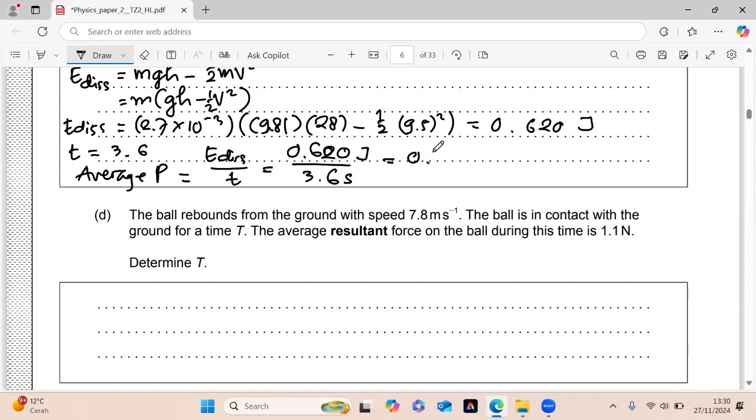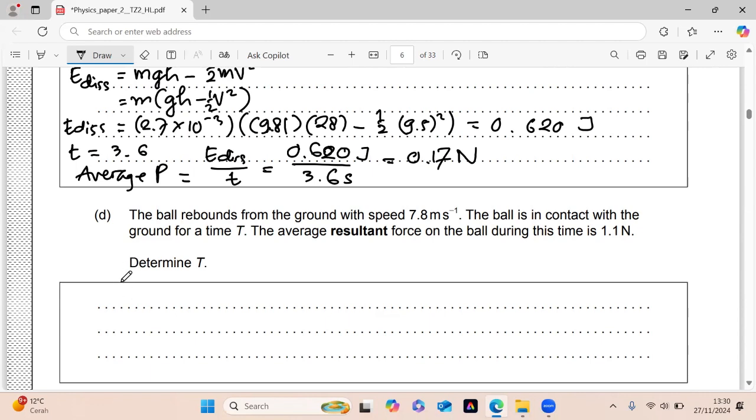It is 0.17 watts. The ball rebounds from the ground with speed 7.8 meter per second. The ball is in contact with the ground for a time t. The average resultant force on the ball during this time is 1.1 Newton. Okay, the average force is 1.1 Newton.